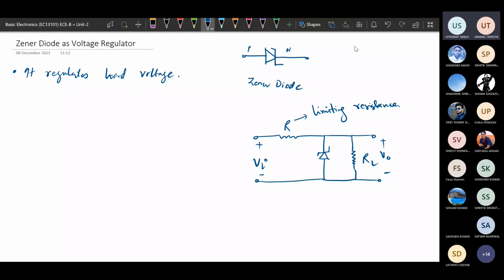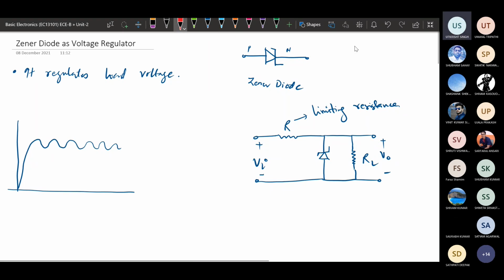So here we have seen in the power supply block diagram, once we get the rectifier output, that is passed through a filter. The output that we obtain through a filter will be a DC, but this DC will be an unregulated DC, meaning there will be some AC component in it.